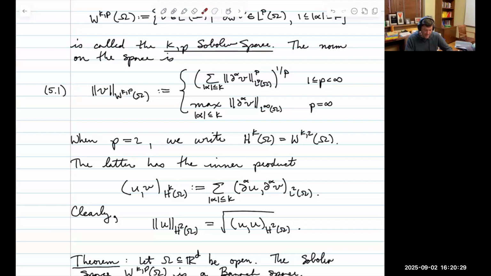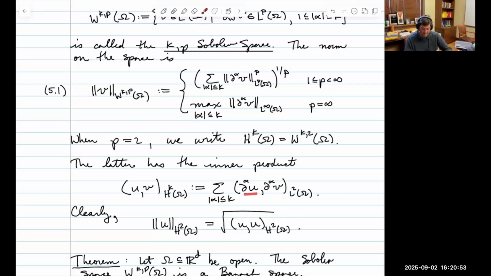And so the way we're going to calculate this inner product is we're going to sum over all the derivatives of order up to and including the order k derivatives. We'll take the weak partial of u against the weak partial of v, and we'll take the L2 inner product of that. So this is just going to be an integral, right?